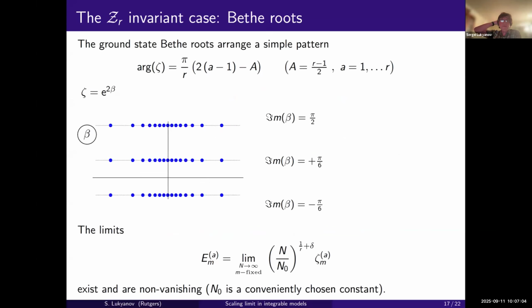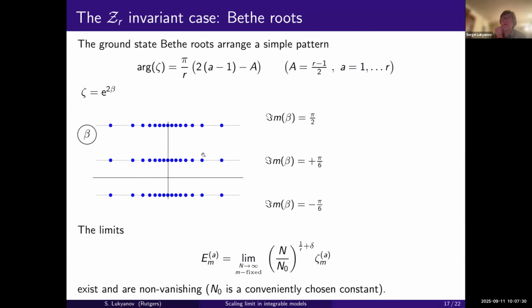Finally, I would like to say a few words about what happens with the scaling of the Bethe roots in this regime. First, the typical picture of the Bethe roots for the vacuum is presented in these pictures.